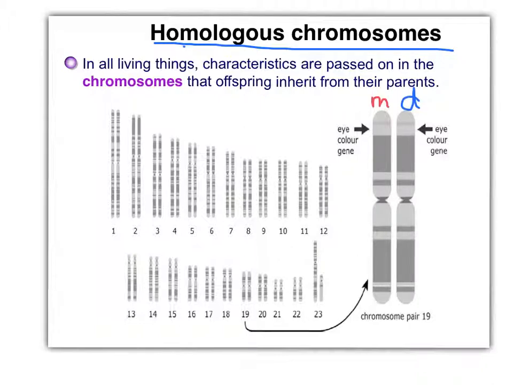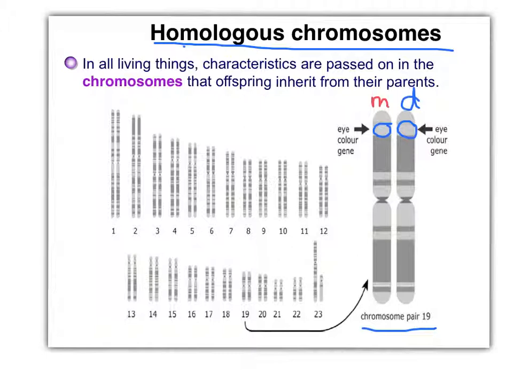And if we were to take chromosome pair 9, you can see that they have genes at the same loci. So for example, the eye colour gene is in the same position on both the male and the female chromosome.